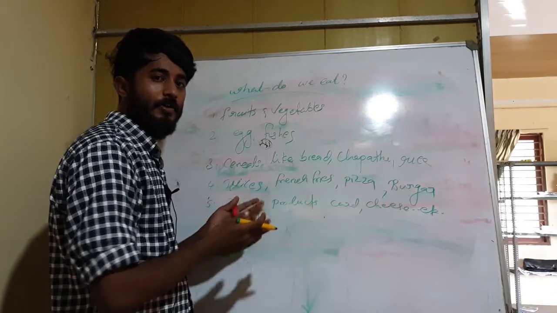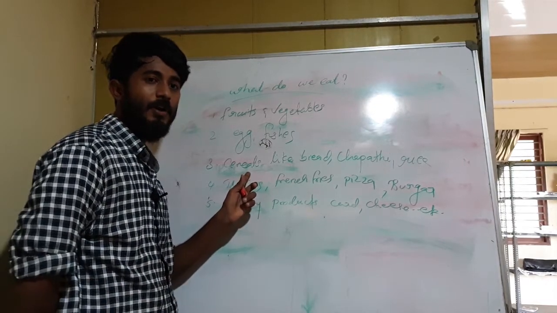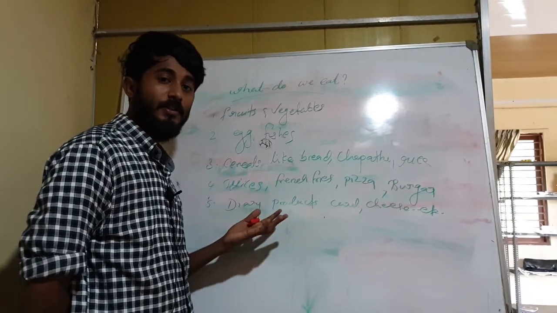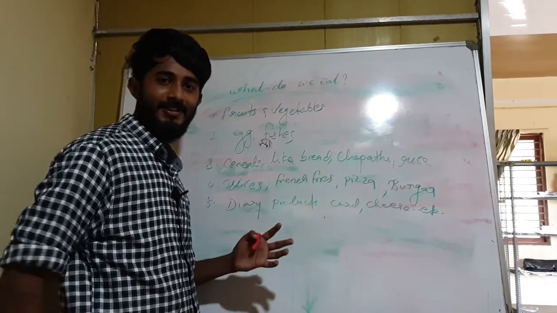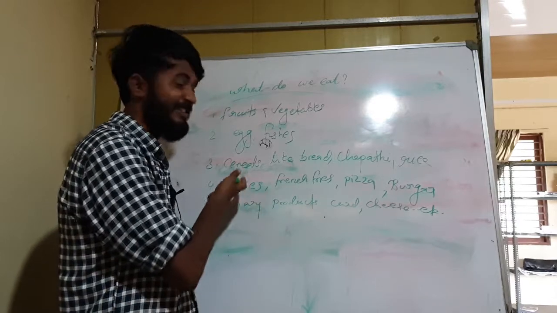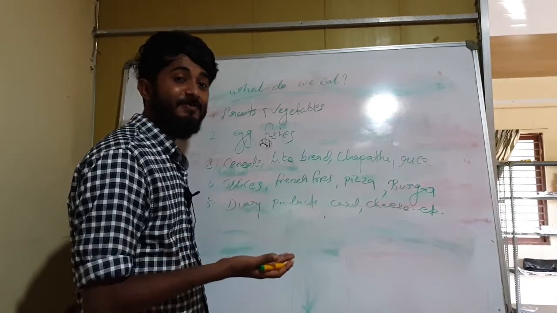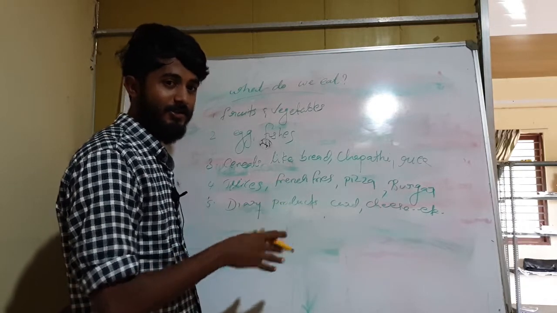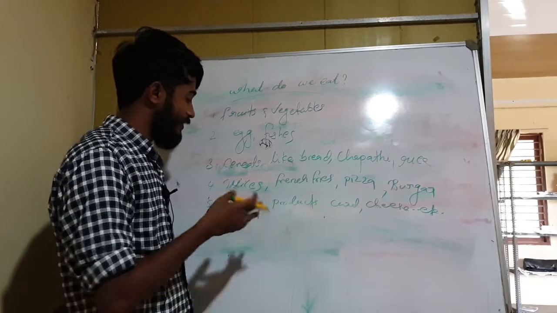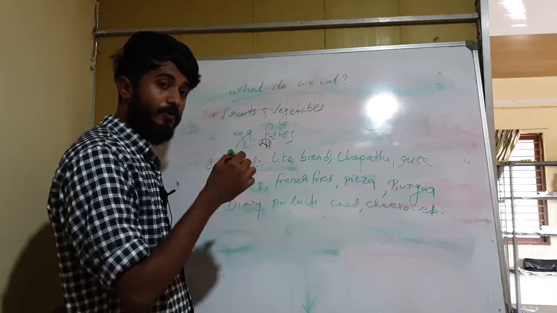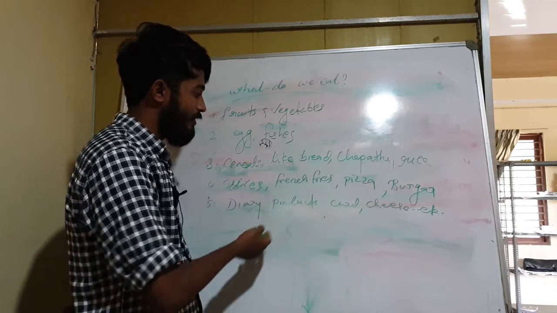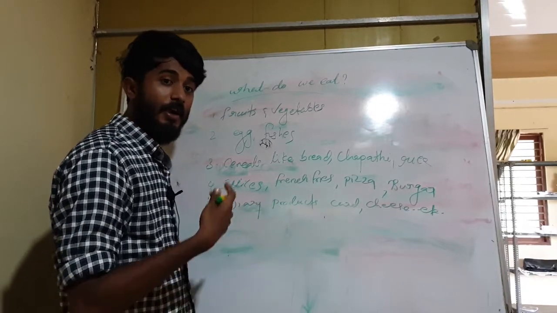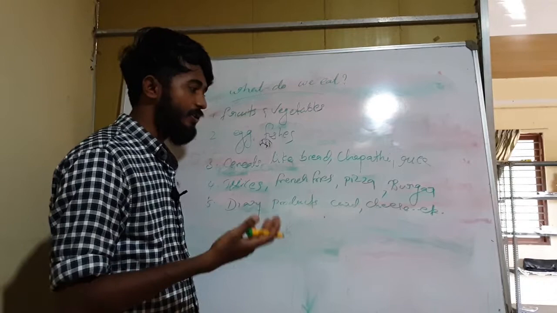Some of you may think cereals means Chandanamala and Karathamutta, but it is not like that. Cereals in science means bread, chapati, rice. And some of you have juices, French fries, pizza, burger, and dairy products like curd, cheese, etc.